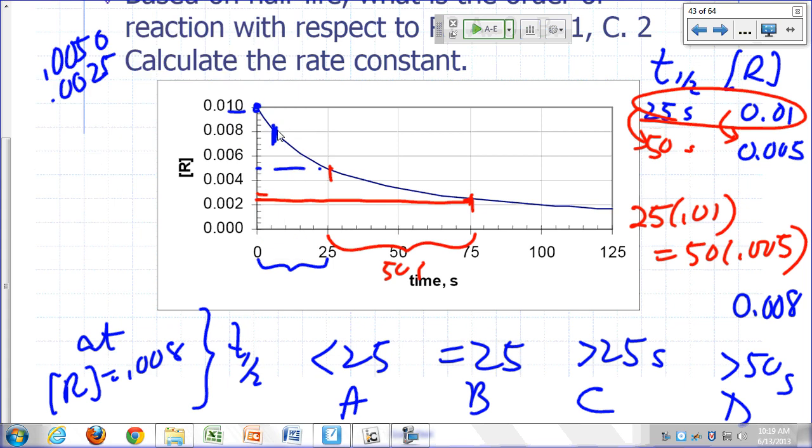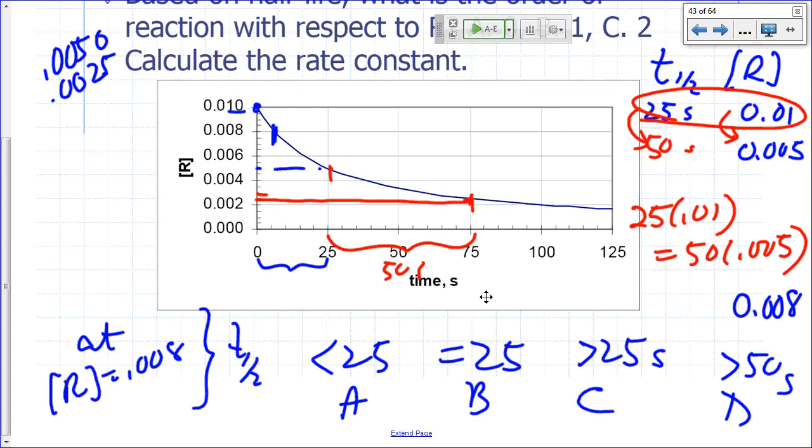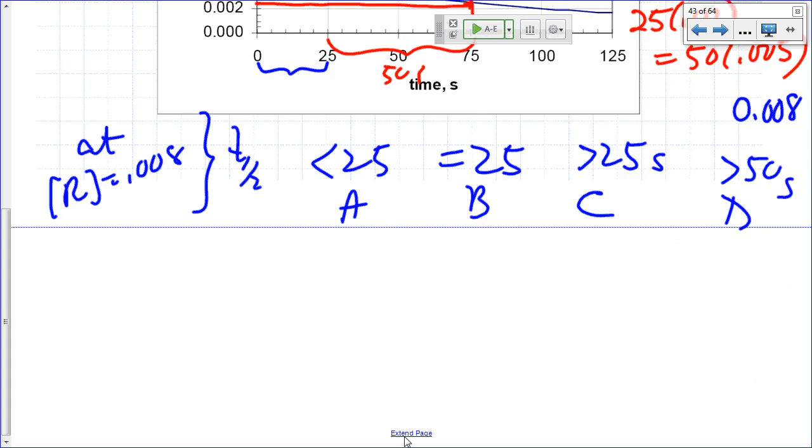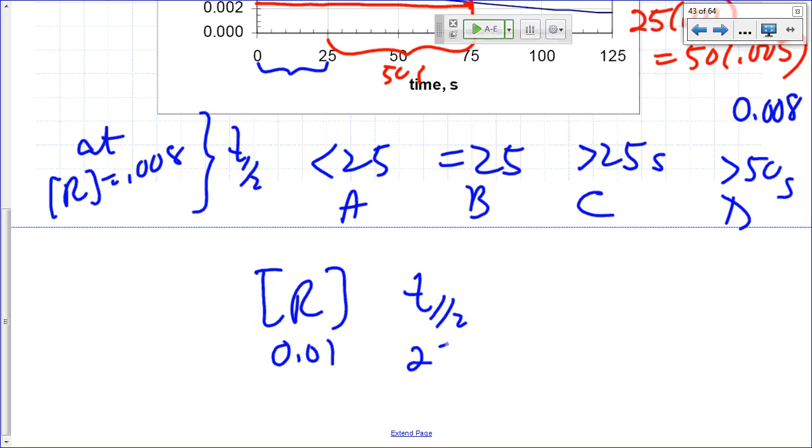Let me elaborate on that a little bit. We've already established this is second order, right? The half-life gets longer the smaller your starting concentration. So when my starting concentration was 0.01, what was my half-life? 25 seconds.